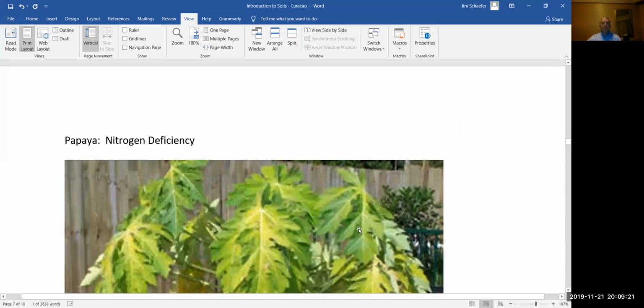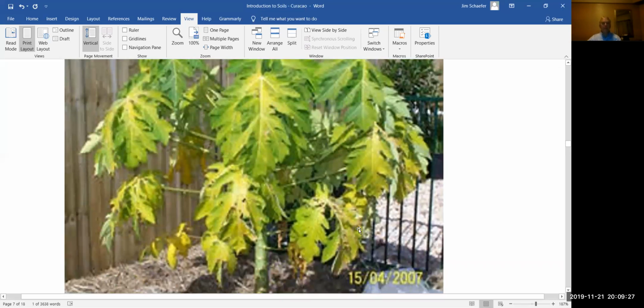All right. Here's what it looks like when you're dealing with nitrogen deficiency in a papaya plant. For nutrient deficiencies, quite often you will see chlorosis. When you see the leaves turning yellow, that's technically called chlorosis of the leaf. Chlorosis of the leaf is the degradation of the chlorophyll molecule.